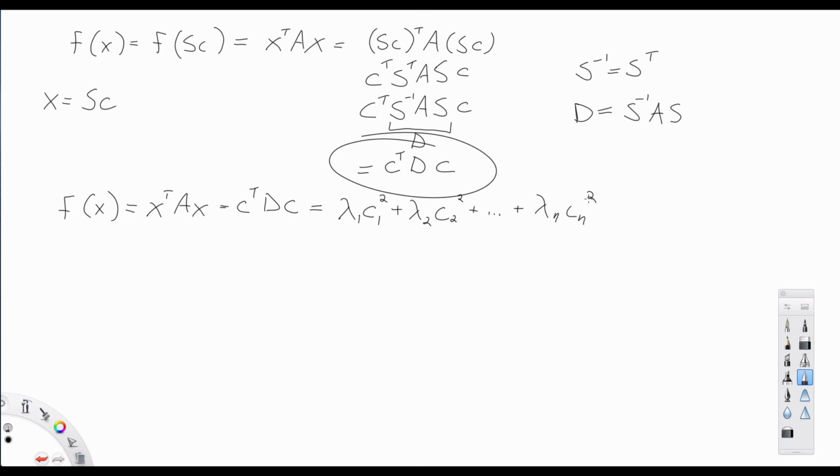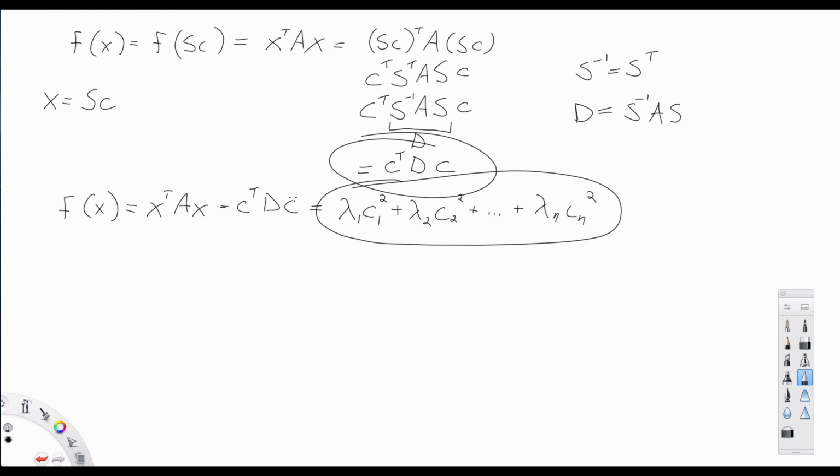One of the key observations here is that in this way of defining f of x, we have no cross terms. If we transform our coordinate system from x to that of c, which is in the direction of the eigenvectors, then we have no cross terms. There is no correlation between the variables. The variables are independent.